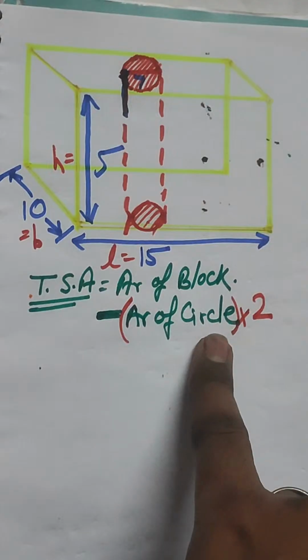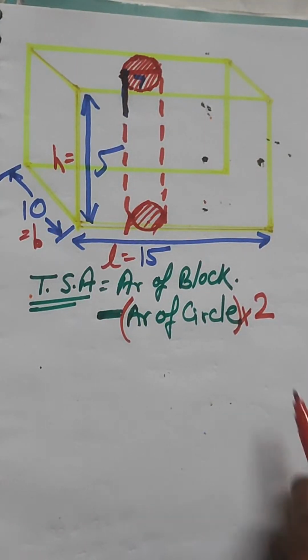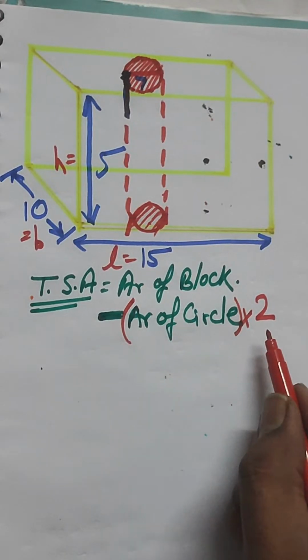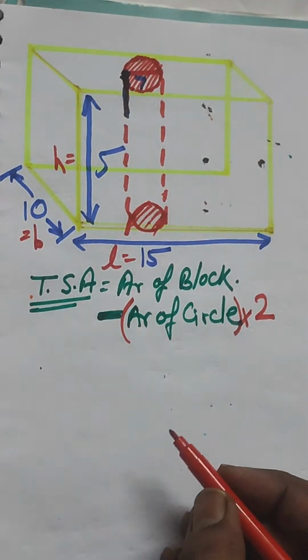So it will be removed from the top of the box, and even at the bottom, right? That's why we have taken 2 times the area of the circle which is removed.